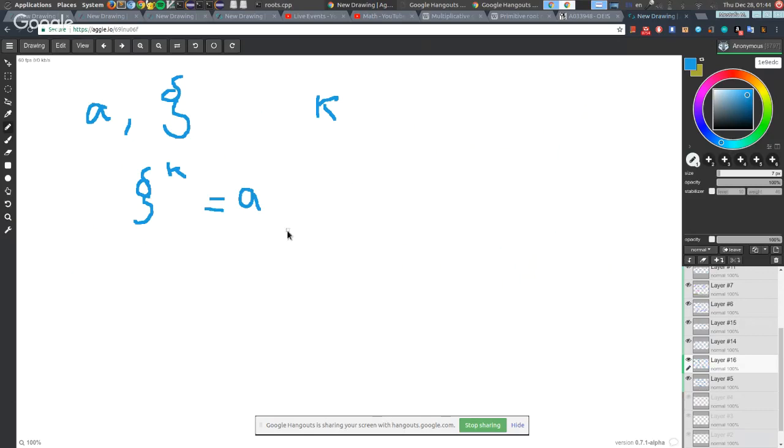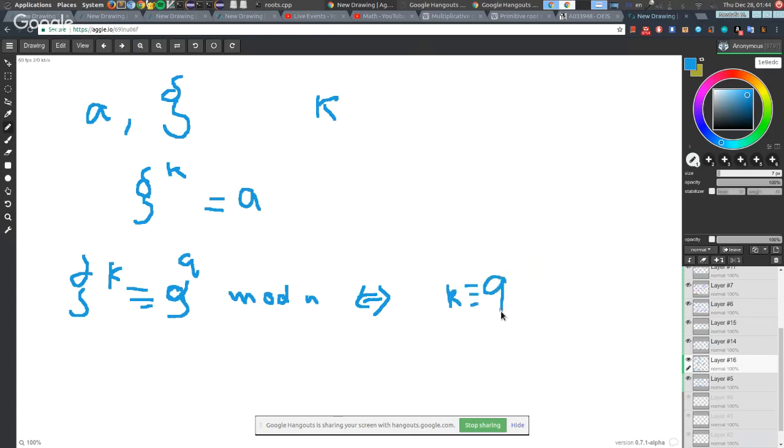Here we have this theorem that says g to the power of k is congruent to a, so it is congruent to g to the power of q mod n. Then this is equivalent to k being congruent to q mod phi of n.